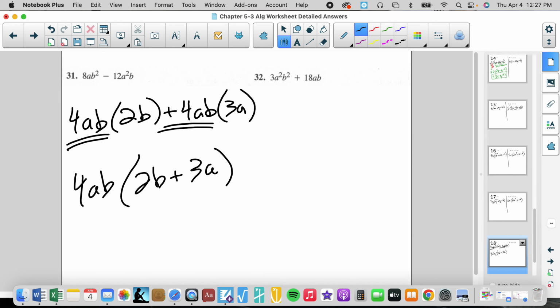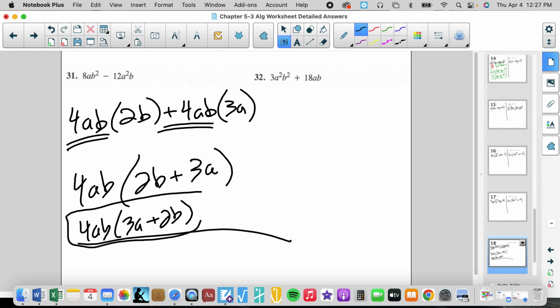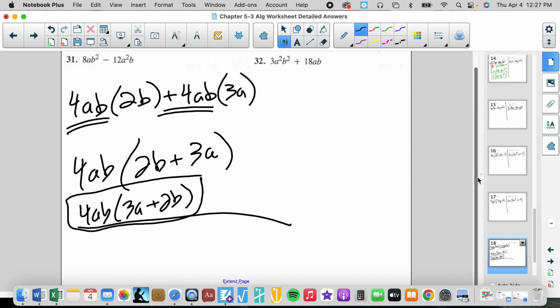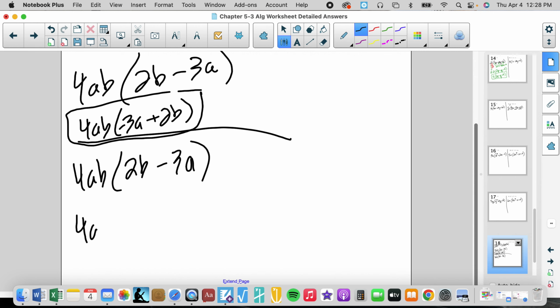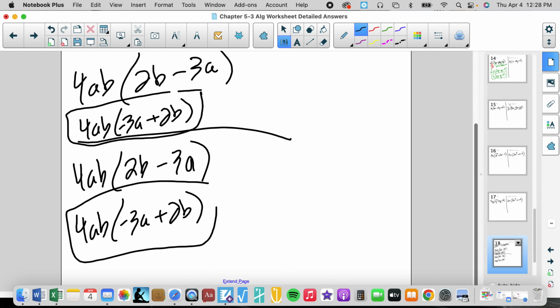Okay, so that needs to be written as 3a plus 2b as my final answer. But if I had looked at that and said, oh, I see that my common factor is 4ab, divide that in, that's 2b, negative, oh, I forgot the negative, Mr. Mac. Good that I talked this one out. Minus 3a. And then I would rewrite it as 4ab times negative 3a plus 2b as my answer.